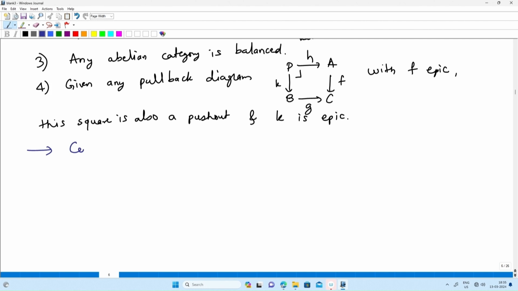So consider the sequence of morphisms. This is P, then this is A direct sum B, and this is C. Here I am going to write HK, a matrix map, and here I am going to write F comma minus G.